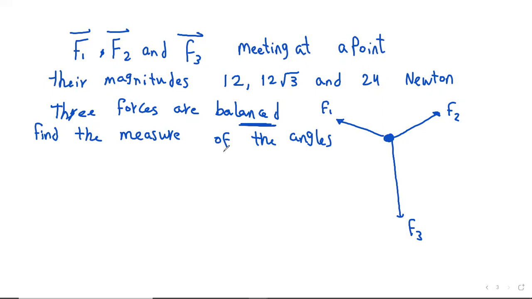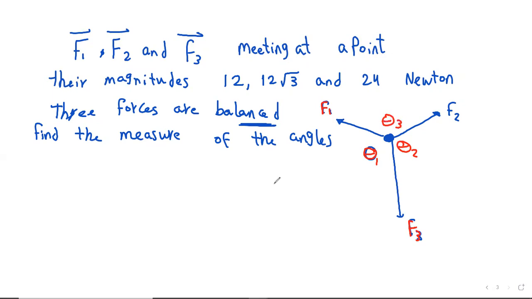Suppose that the angle between F1 and F2, we can write here as theta 1. This is the angle between F1 and F3. And here we have an angle theta 2, and here the angle is theta 3.